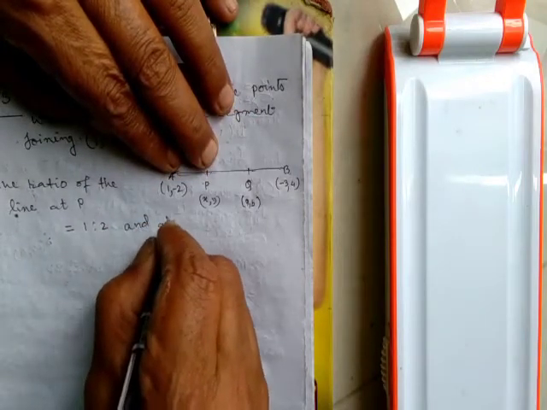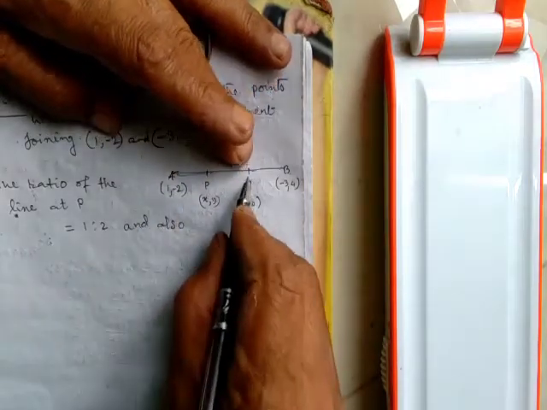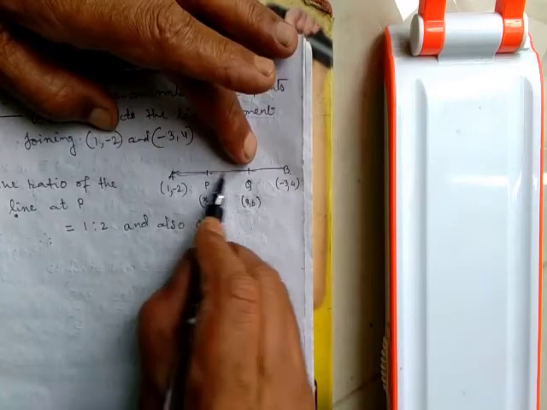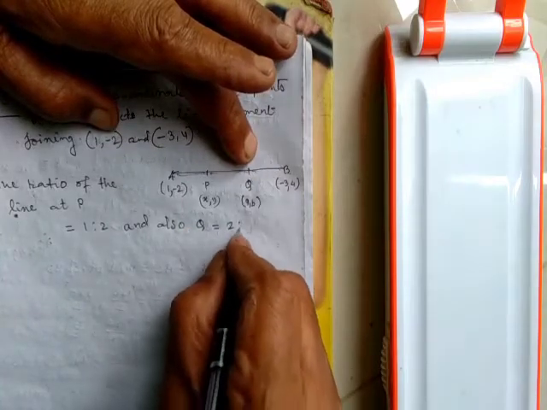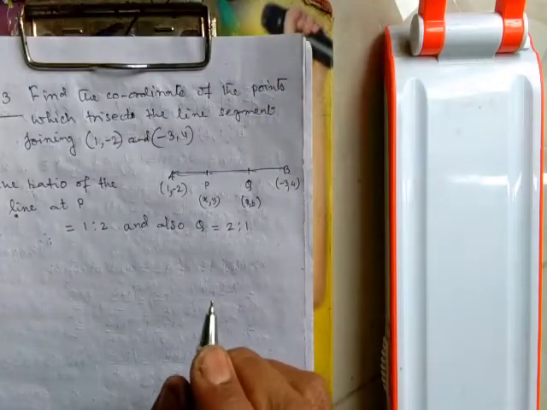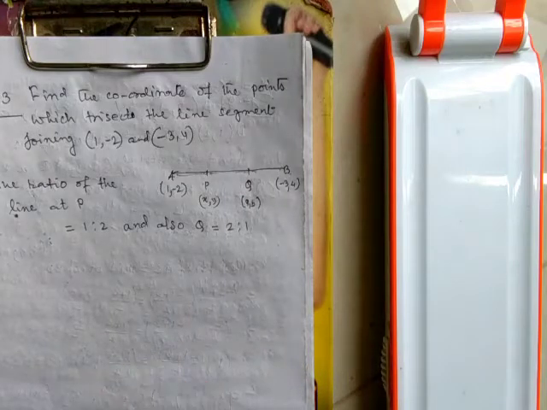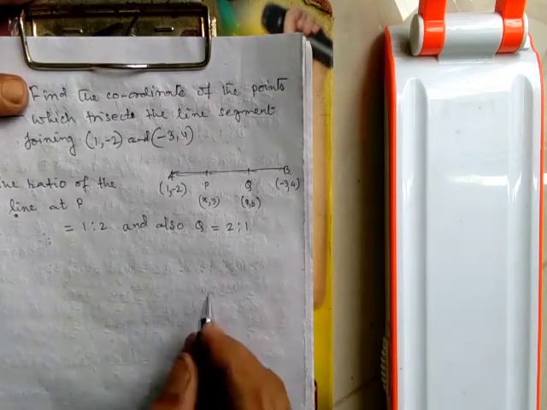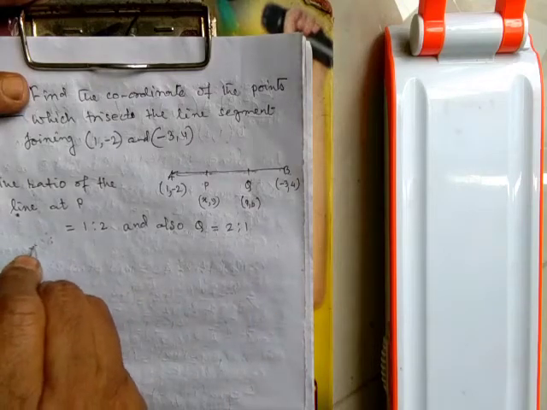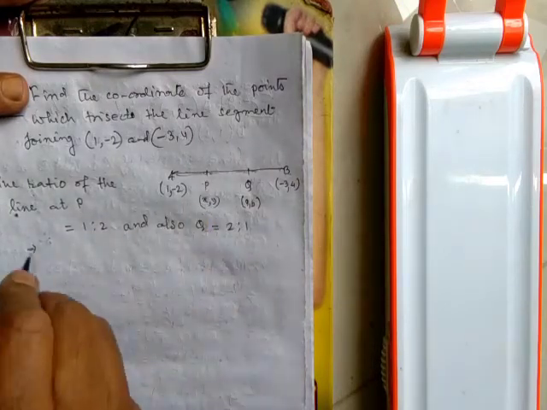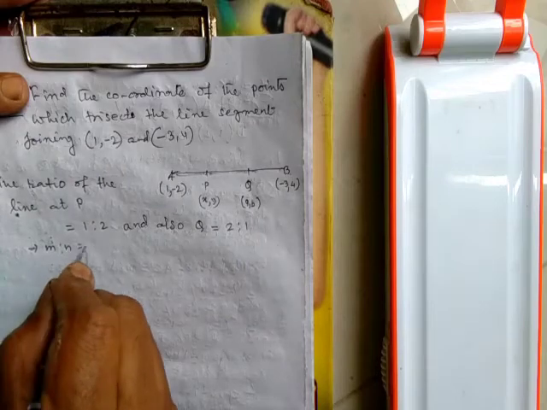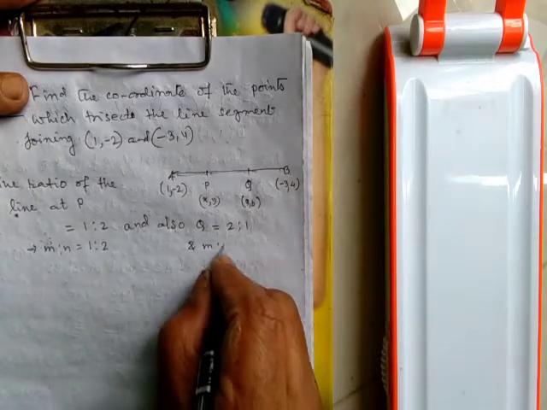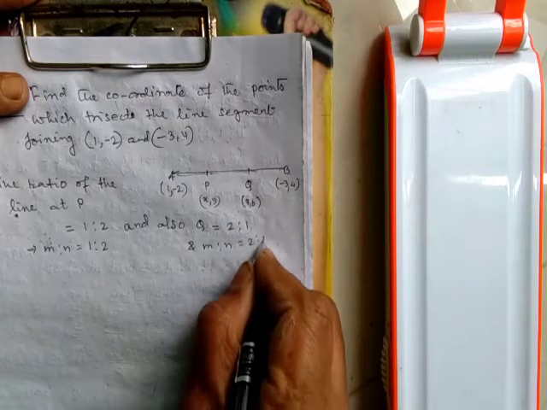And also the ratio at Q is equal to how much? This is 2:1. Now this implies for this line at P, m is to n is equal to 1:2, and at Q, m is to n is equal to 2:1.